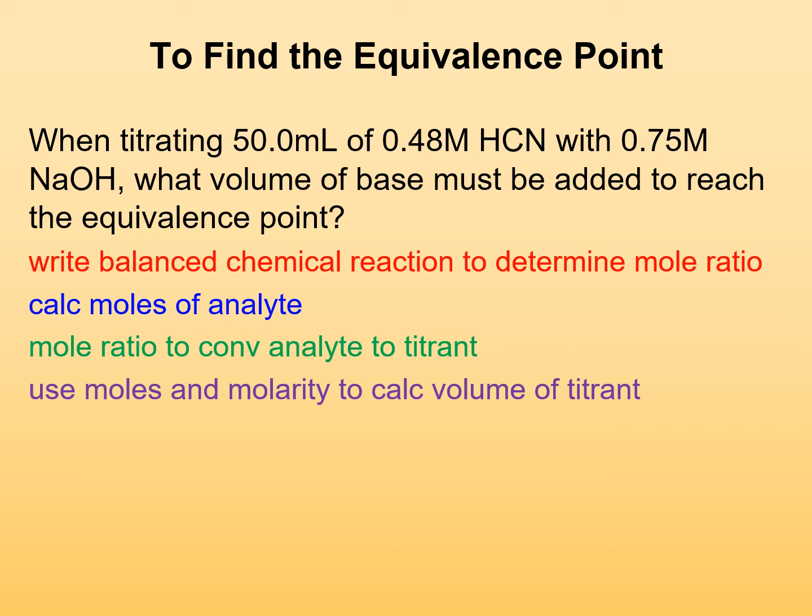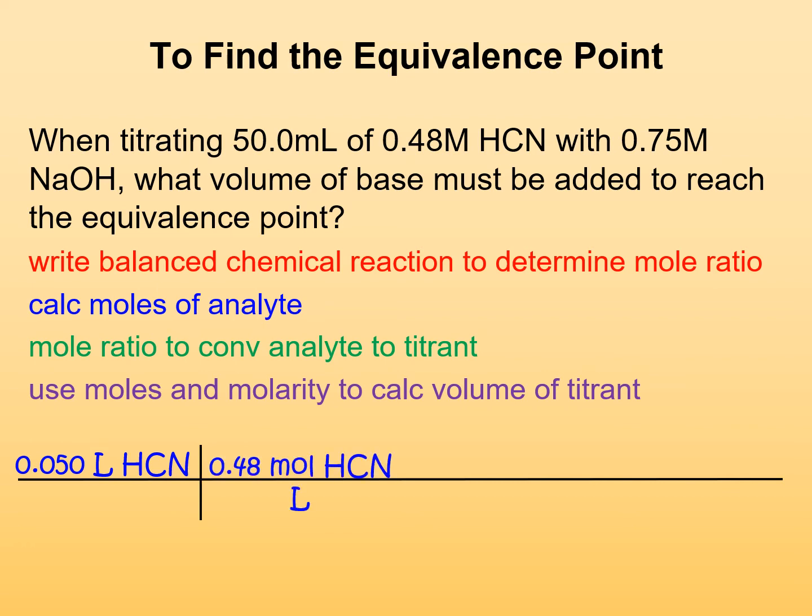But we do need to start with the volume of our known solution. So the 50 milliliters, and remember we need it in liters, so 0.05 liters. We're going to use the molarity as our conversion factor. So liters goes on the bottom.